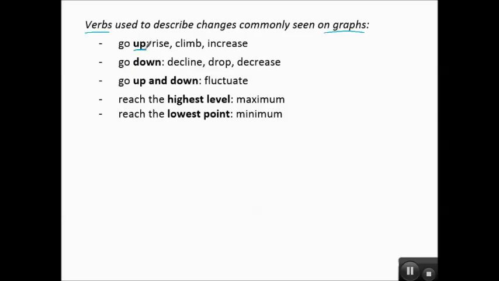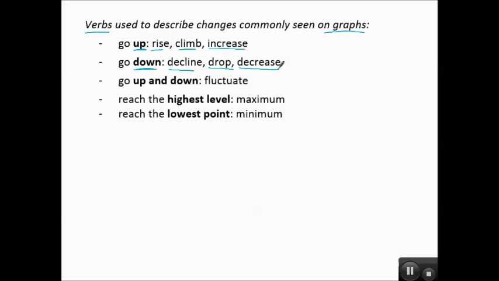If it's asking about going up, common words you could see are rise, climb, or increase. We saw increase in this example we looked at today. If we're asking about going down, we could see the words decline, drop, or decrease. Those all mean that the graph is going down.